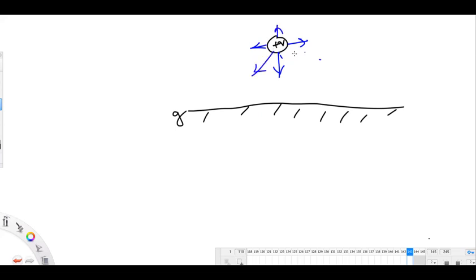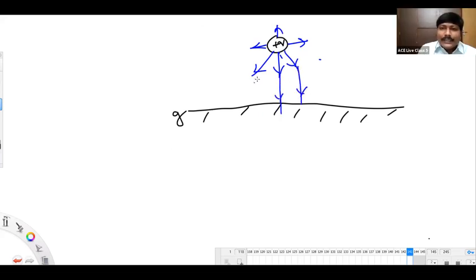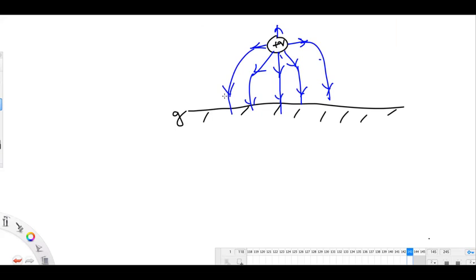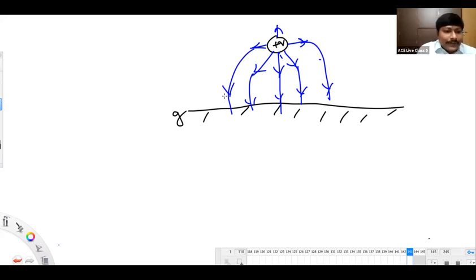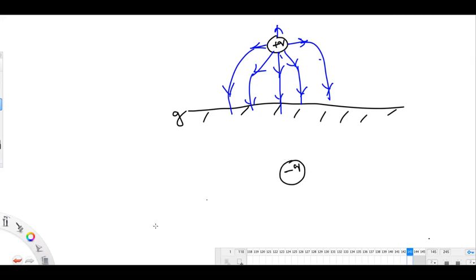Where should these electric flux lines go? Some will pass to the conducting plane, some will leave upward. Whatever is touching this conducting plane should be terminated at some point, right? Definitely, at some negative charge. That charge we are assuming as minus Q, below the ground.